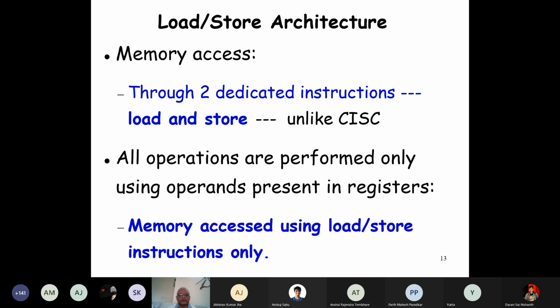Only load and store can be given memory addresses. As we proceed in the next class, we will see how exactly it operates. For all other instructions, the operands are register operands. And again, emphasizing here, memory access is only possible by load store instructions.